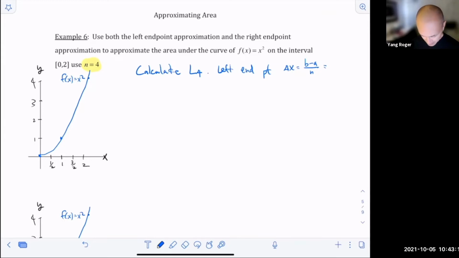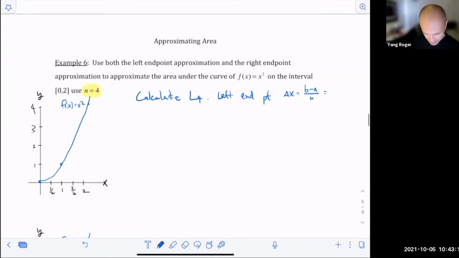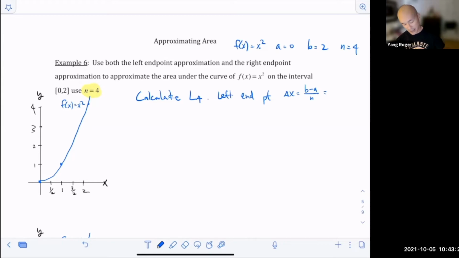To make it clear, I should label a bunch of things: f of x is equal to x squared, my a is equal to 0, my b is equal to 2, and my n is equal to 4. If you can establish all that ahead of time, then it becomes easy to calculate all the different pieces. So this will be 2 minus 0 over 4, which is equal to 1/2. Okay. So we definitely need that.